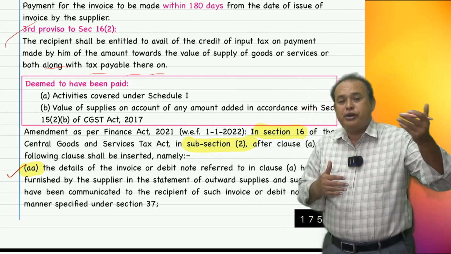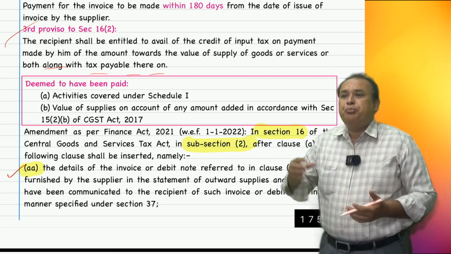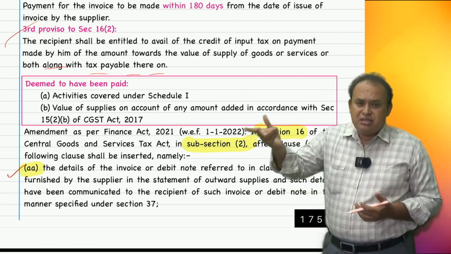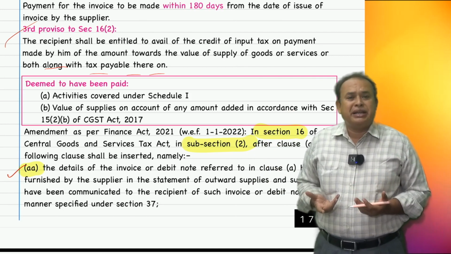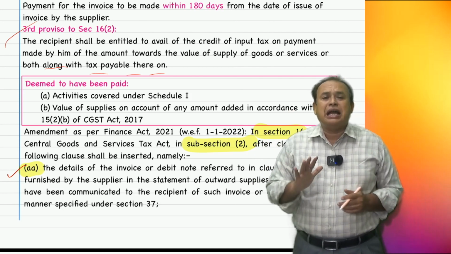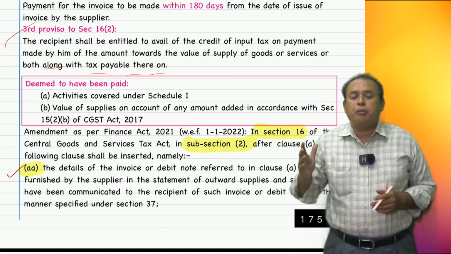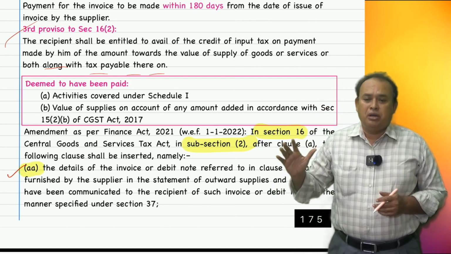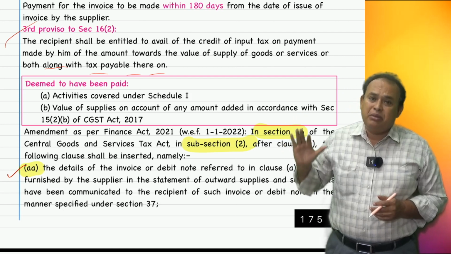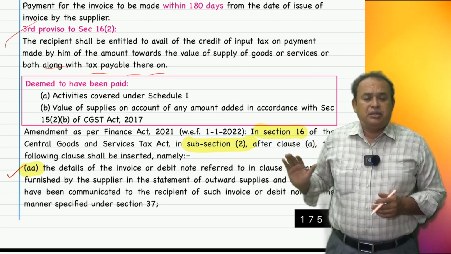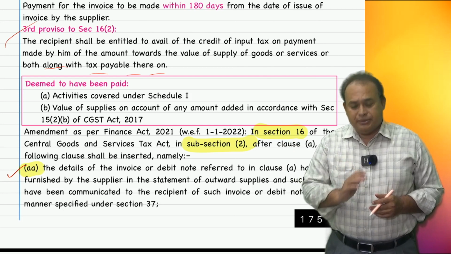After expiry of 180 days from the date of invoice, when payment is made to the supplier, the input tax credit can be re-availed, for which the time limit of section 16 subsection 4 is not applicable. Section 16.4 of the CGST applies to the time limit for availment of ITC, not to re-availing the input tax credit.